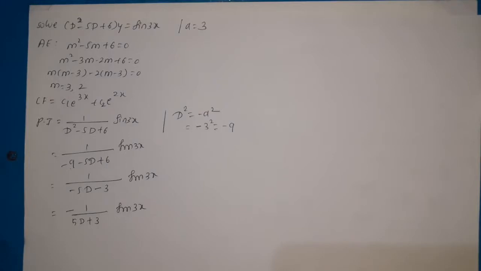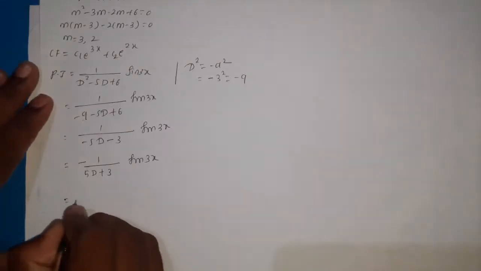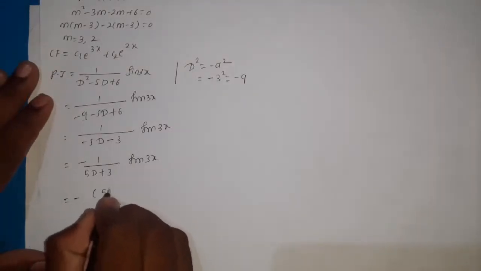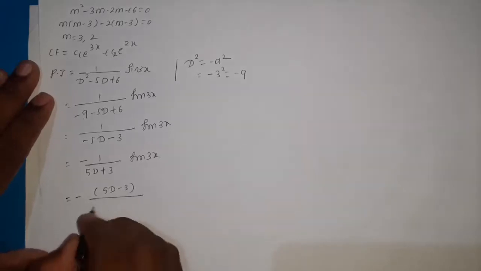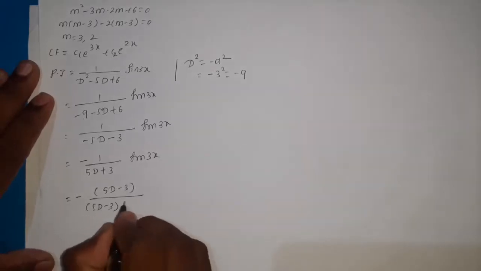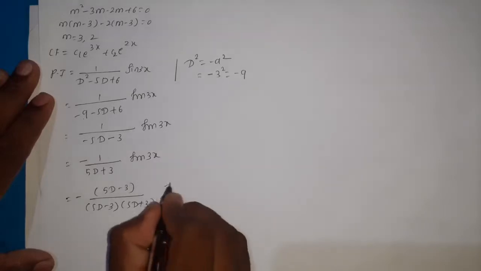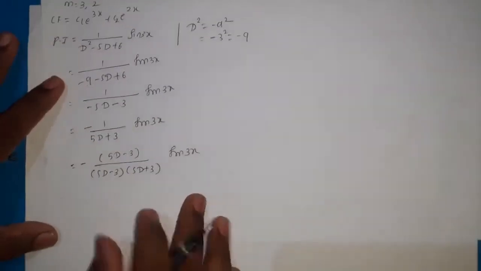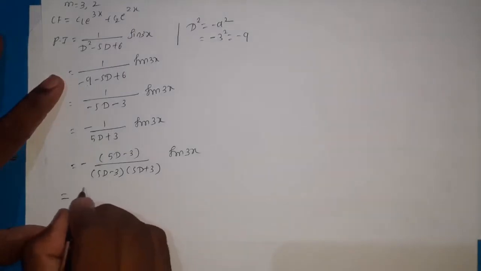So here look at the denominator. It is a linear function of D. Whenever we are left with a linear function in D in the denominator, then rationalize it to get the particular integral. So here the minus stays as it is. Now multiplying and dividing by (5D - 3), we get (5D - 3) into (5D + 3) sin 3x.